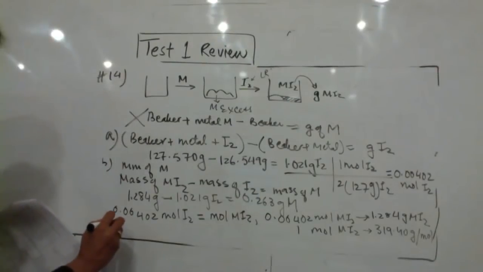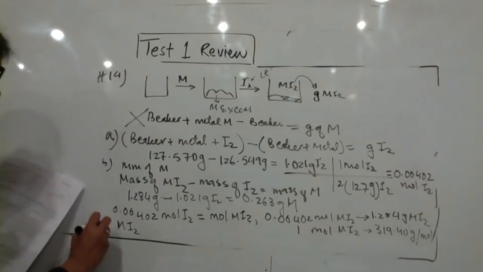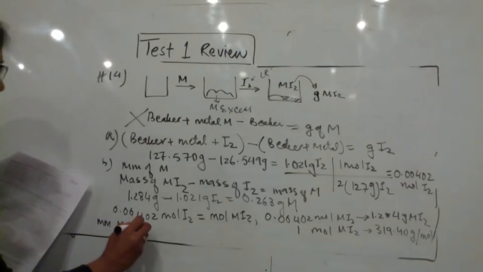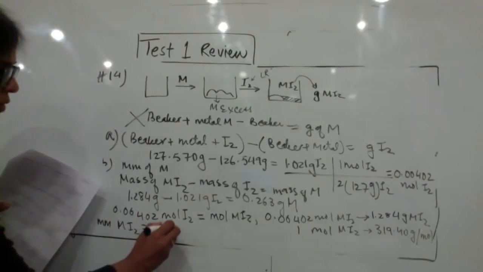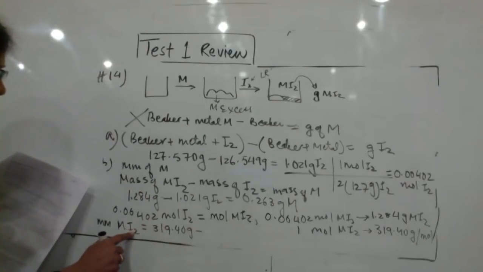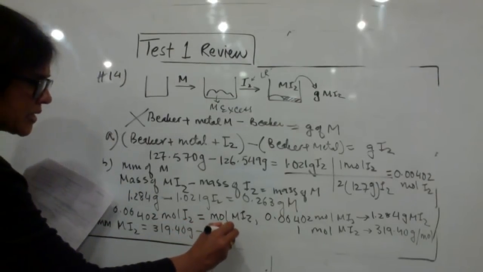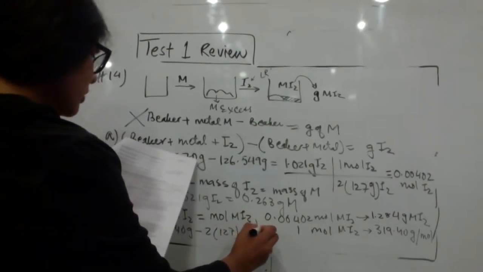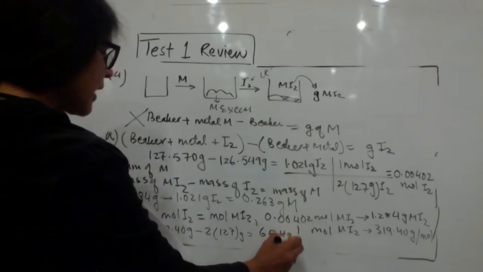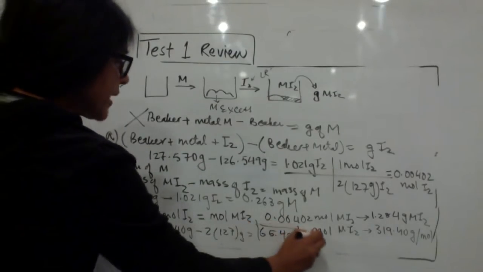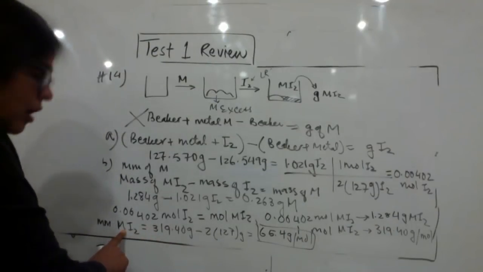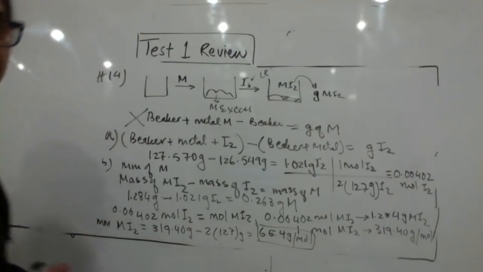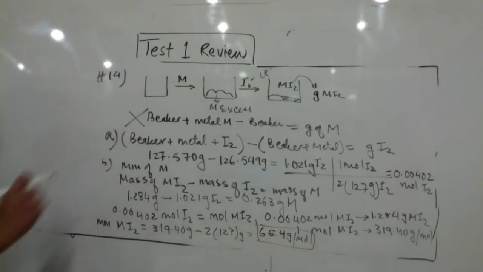Once we know that, there is 1 mole of MI2, and its mass is 319.40 grams. If you subtract the mass of I2, 2 times 127 grams, from this, you will get the mass of M, which will be 65.4 grams per mole. We know this is the molar mass of M because there is 1 mole of M in 1 mole of MI2. So the key was to figure out the molar mass of MI2 and then subtract the mass of I2 from there to get the mass of M.